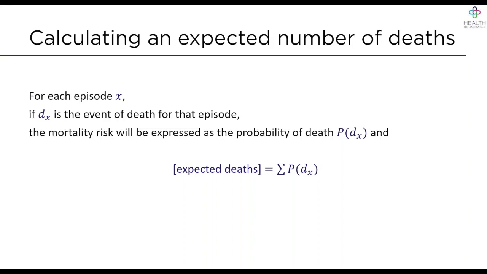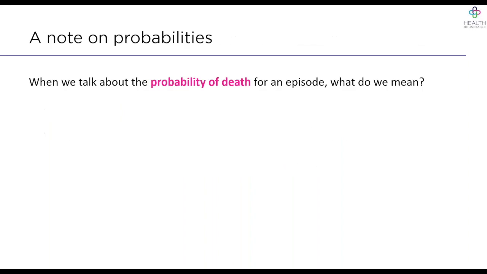So as I said before, a statistical expectation, a sum of the probabilities. And the point of the predictive modelling exercise, of course, is to model in such a way that that probability is high. It gives us a good level of discrimination.